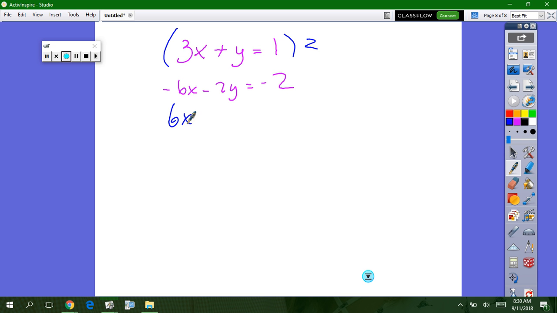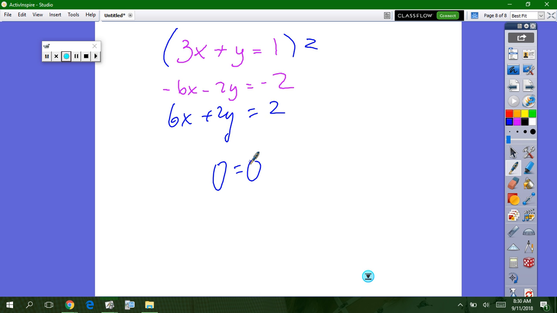Notice I get 6x plus 2y equals 2, and I get 0 equals 0. So if I get a 0 equals 0, what kind of solution is that? Infinite. And the reason why is because they're right on top of each other. It's the exact same equation.